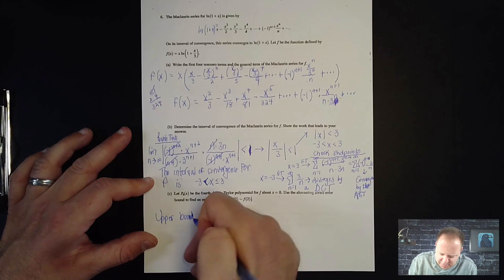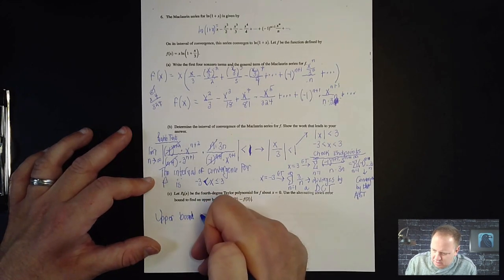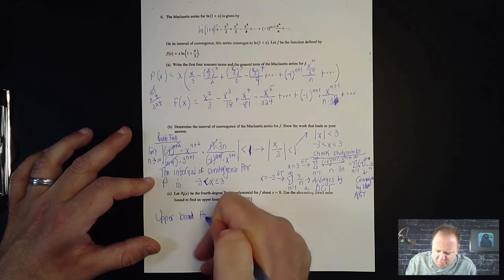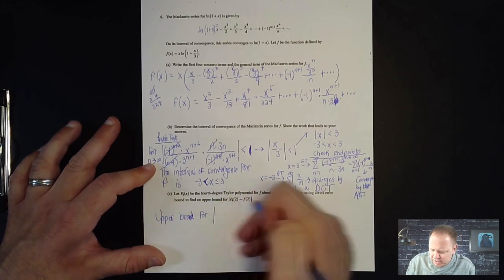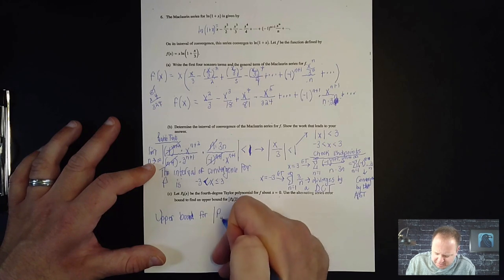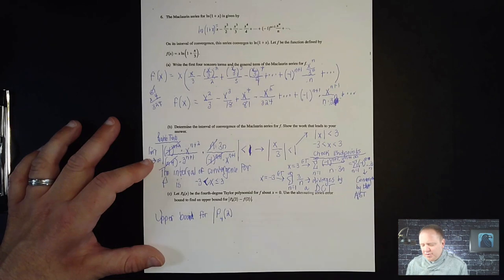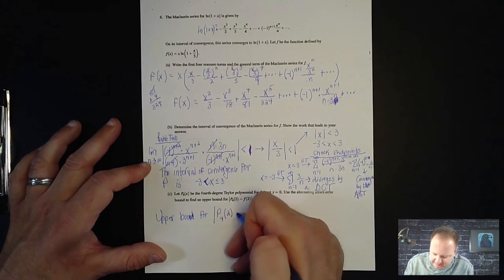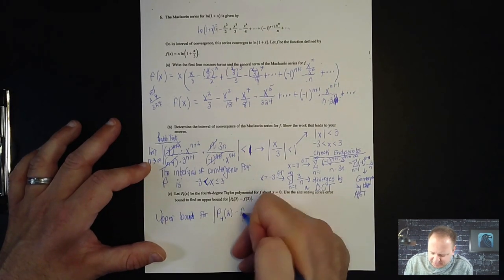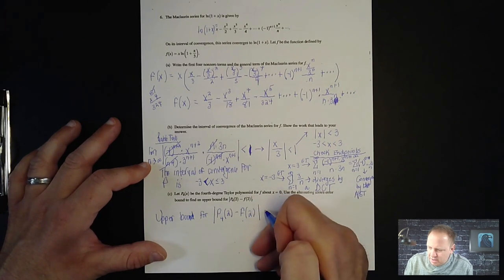I'm having a hard time writing some things today. Upper bound for, now remember, whenever you're doing an error, you always want to start with the absolute value of the difference between, in this case, the 4th degree polynomial for f minus the actual function value for f at 2, right?